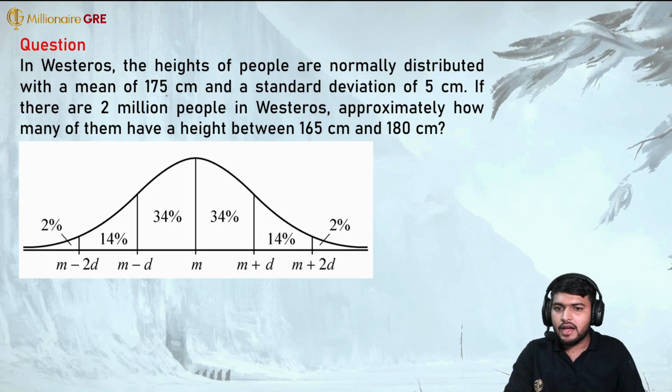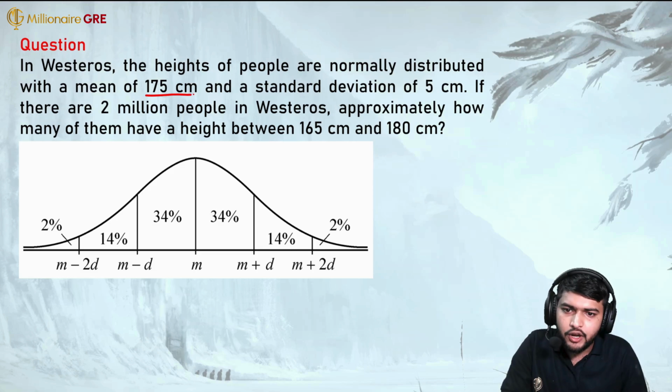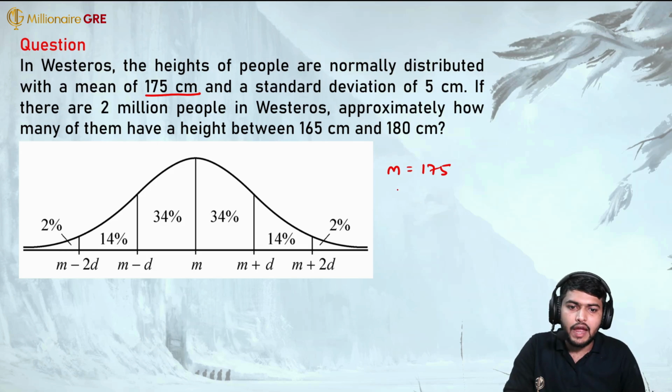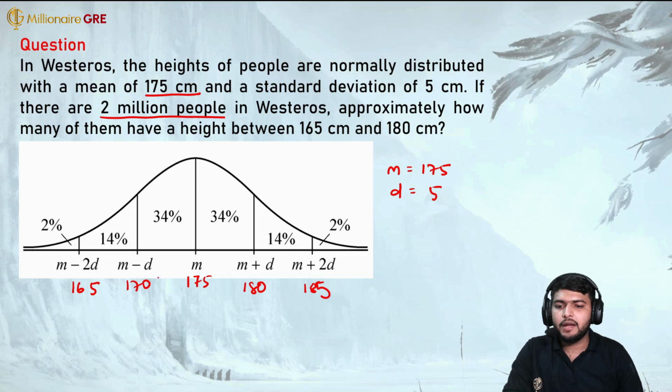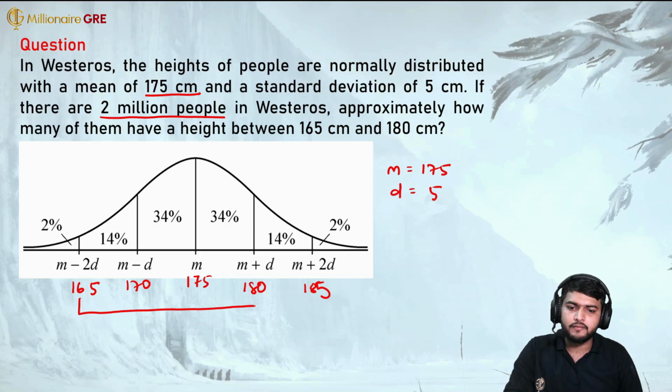Okay. Here, heights of people are normally distributed with a mean height of 175. So mean here is 175 and standard deviation is 5. So this M is 175. M plus D is 175 plus 5, 180. Then 185. This is 170, 165. If there are 2 million people in Westeros, approximately how many of them have height between 165 and 180?